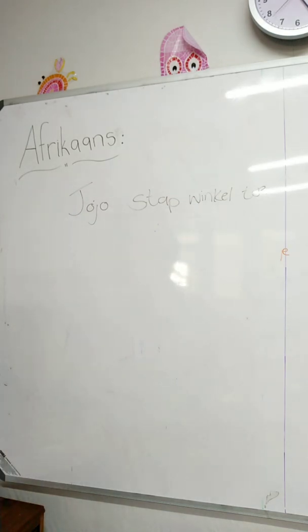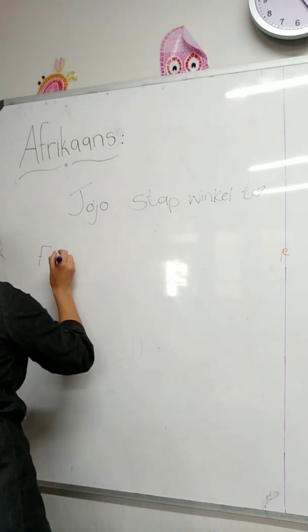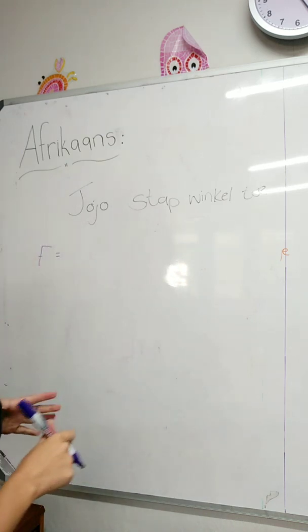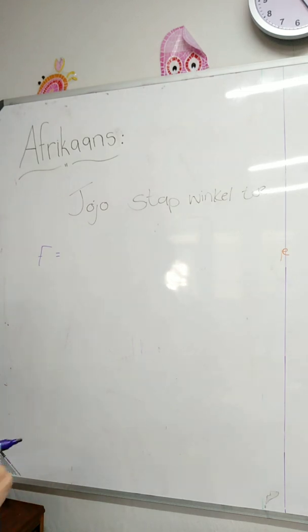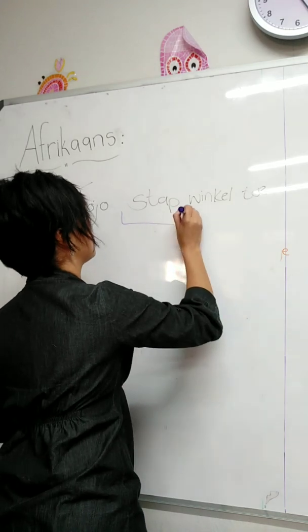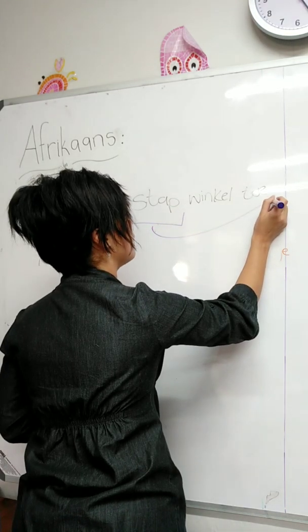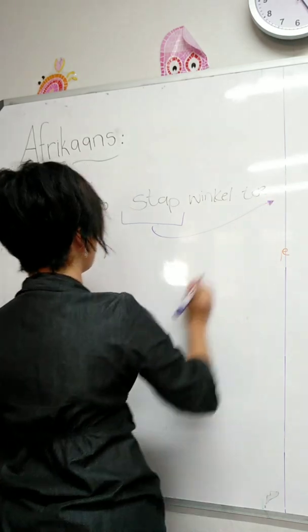Now the first thing we're going to do is we're going to put it in future tense. Okay, it's really easy and simple. Always follow these rules. So the first thing you look for is the verb, which is stap, the werkwoord. So you take the verb to the back of the sentence. Okay?